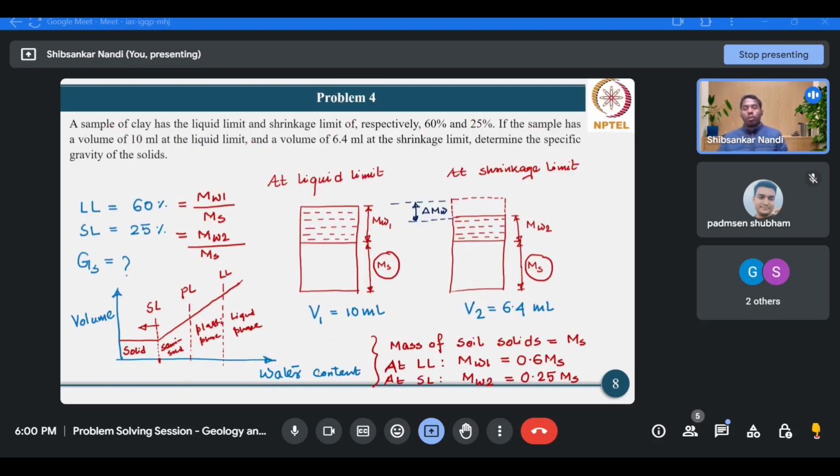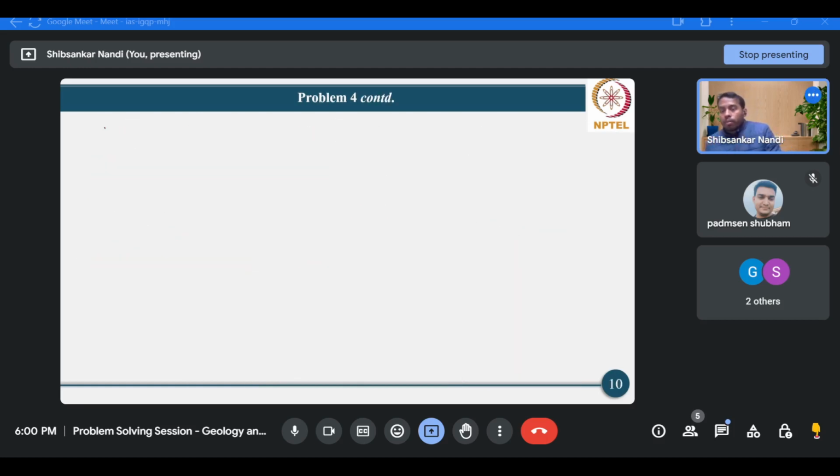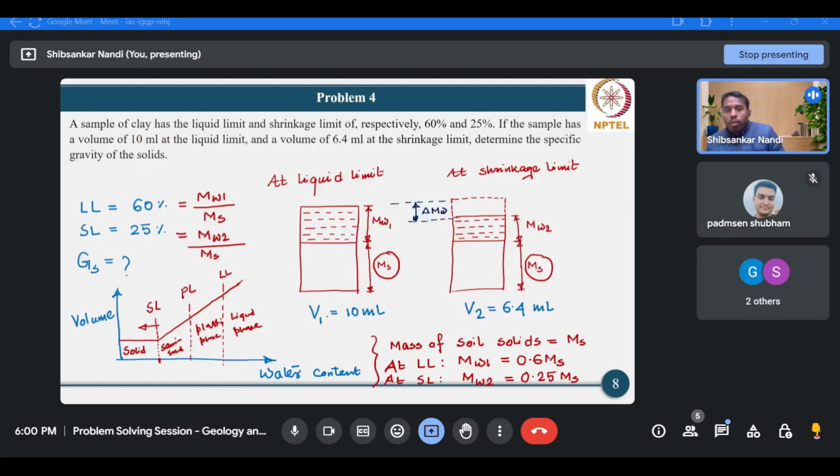To know it, you need to consider any of these two Atterberg limits, either liquid limit or shrinkage limit. How, that we'll see. You know the total volume corresponding to each of these limits.